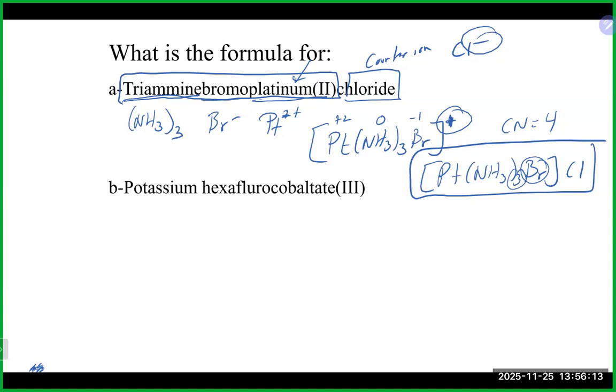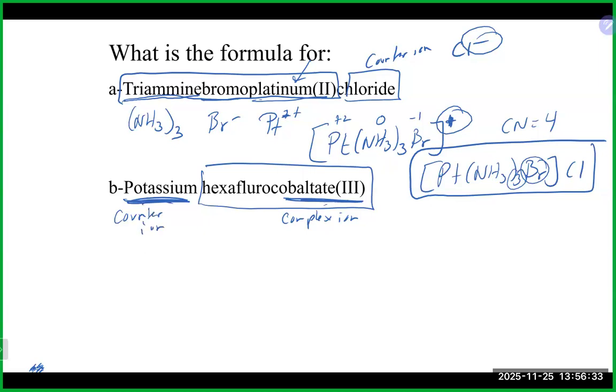Taking a look at the last one here, we're also going to dissect it. Here we see potassium coming first. We see hexafluorocobaltate 3. That is the metal part of the name, which means this part here is our complex ion, and this part up front is our counter ion. So we know right off the bat our counter ion is K+.